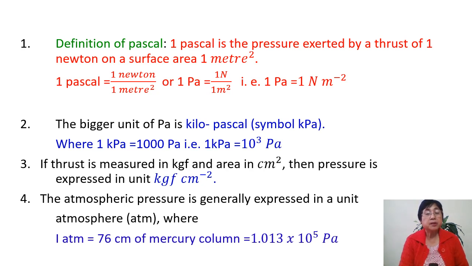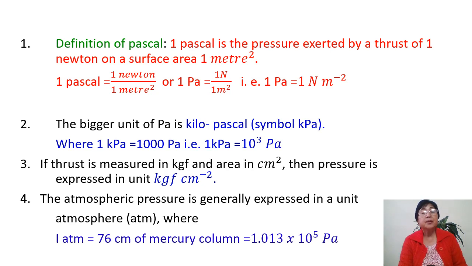And this is important. The atmospheric pressure is generally expressed in a unit of atmosphere. In short, we write it as atm. Remember, children, this is not an ATM machine. This is a short form for atmosphere, where 1 atmosphere is equal to 76 centimeter of mercury.